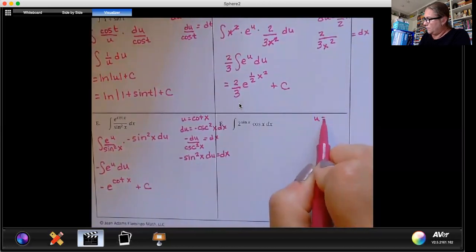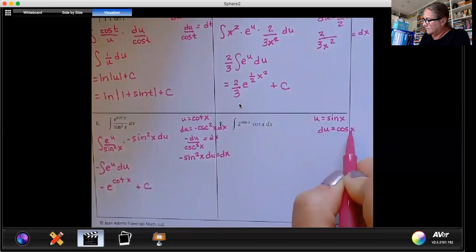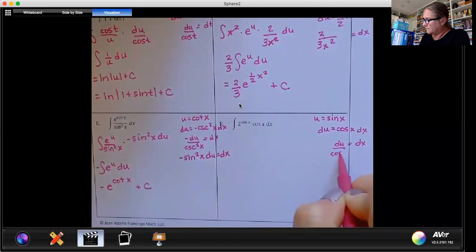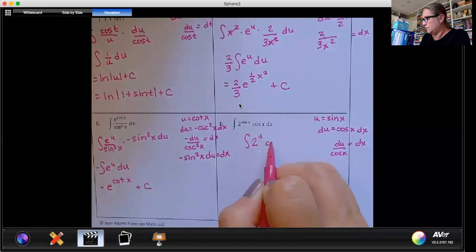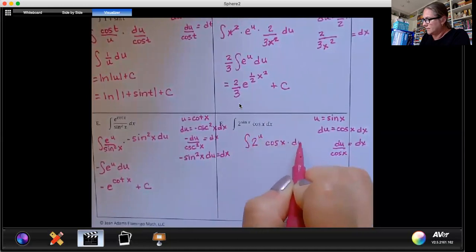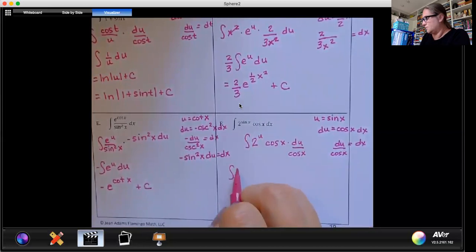And for f, u equals sine x, du equals cosine x dx. So dx is du over cosine x. Antiderivative of 2 to the sine x times cosine x times du over cosine x is the antiderivative of 2 to the u du.